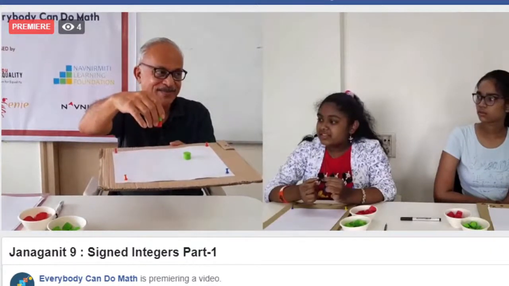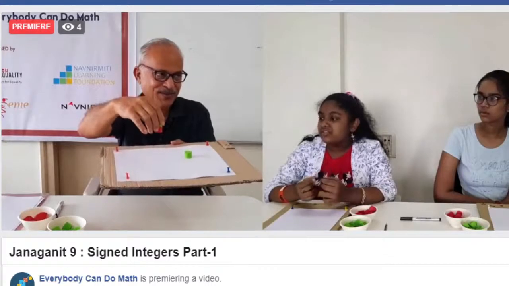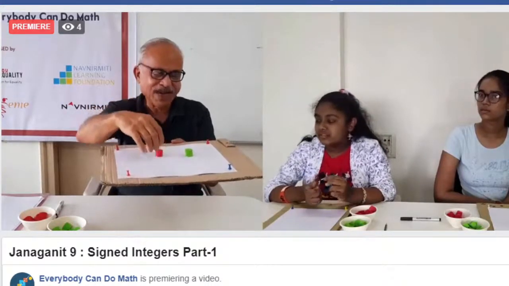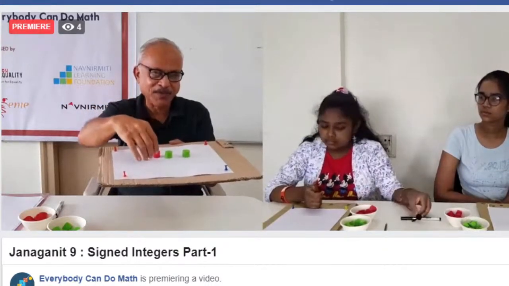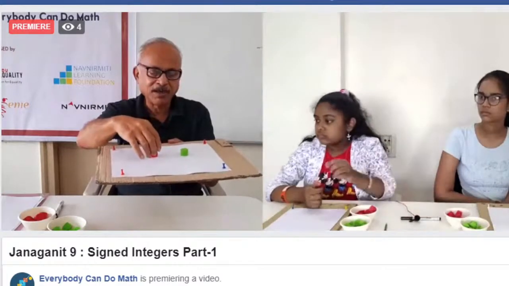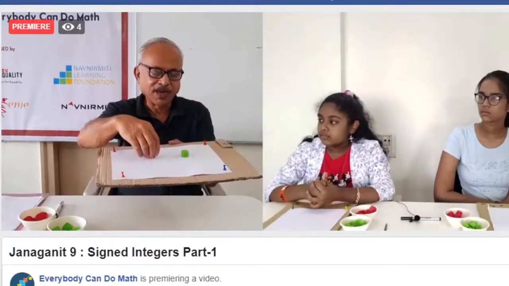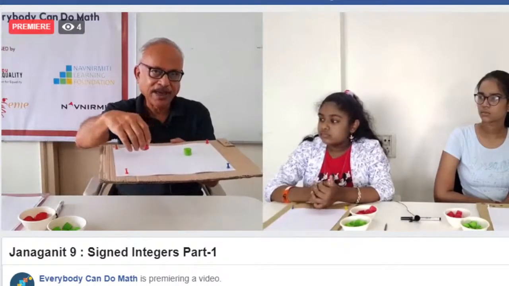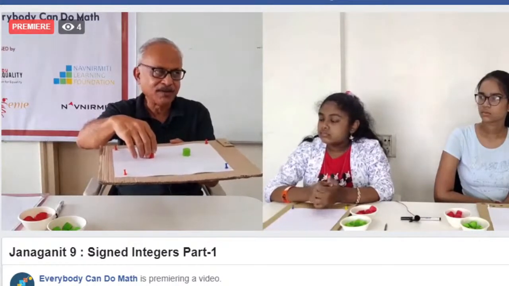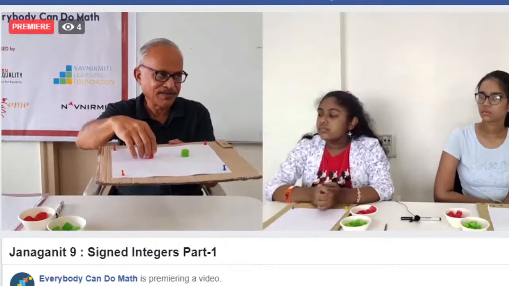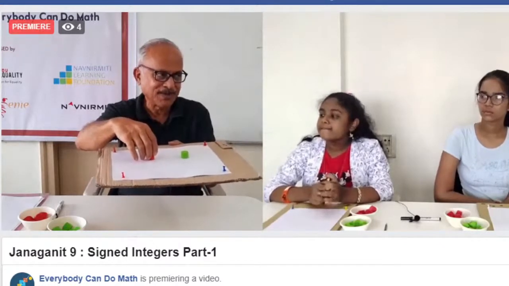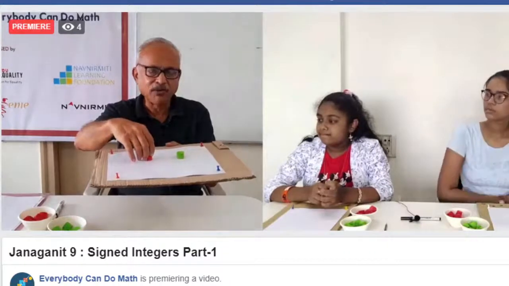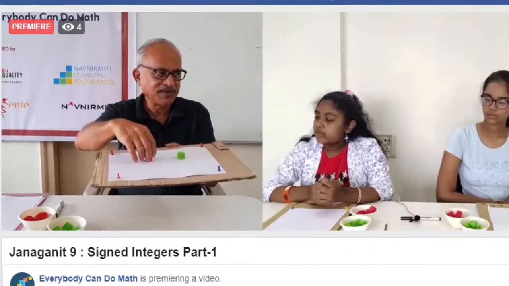So this is 1 and this is 0, because I have a loan of 1 rupee which I have to repay. And when I repay it, what I am left with is just 1 rupee. So a loan and positive 1 means 0. That's what we have learned from this example.